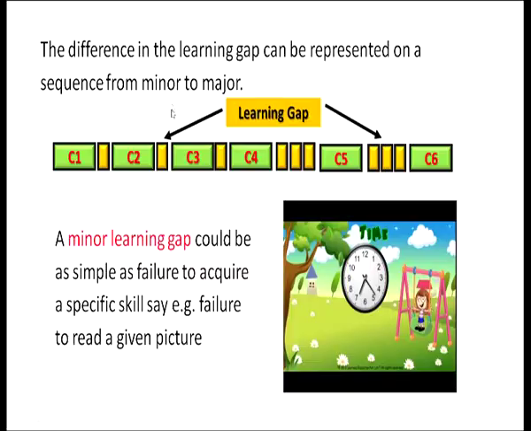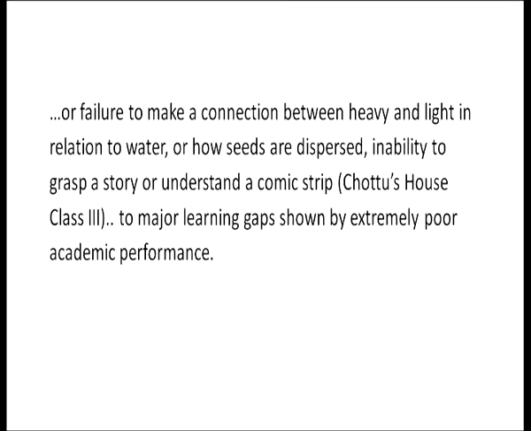A minor learning gap could be as simple as failure to acquire a specific skill. Say, for example, failure to read a given picture. This is a given picture and the child is unable to read, or interpret, what the picture has to tell him or her. Or failure to make a connection between heavy and light in relation to water.